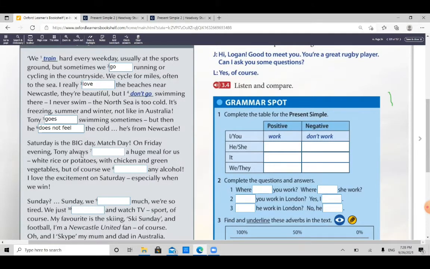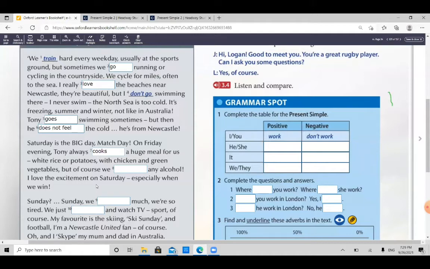Okay? What is the huge meal? White rice or potatoes with the chicken and green vegetables. So from these details, we know that he is the cook. He cooks the food. You remember the word cook means a chef if it is a noun, and if it is a verb it means prepare the dish.